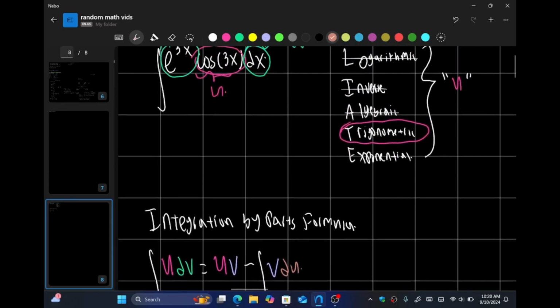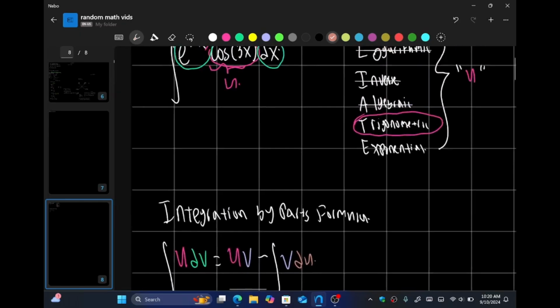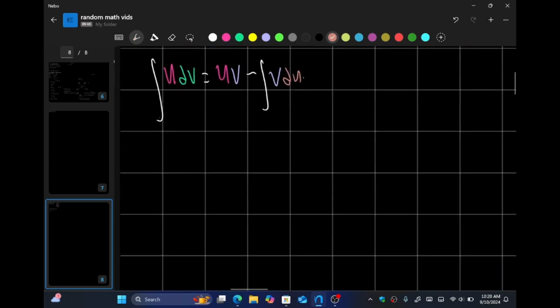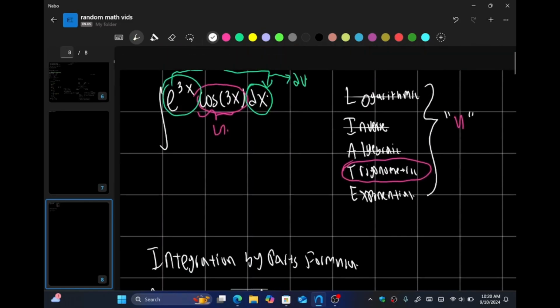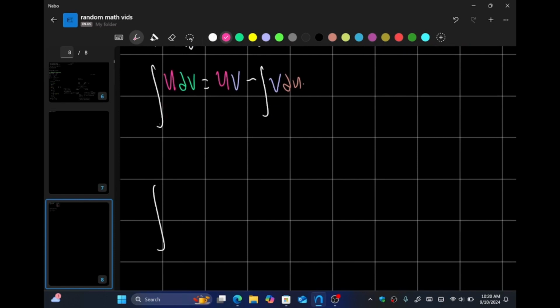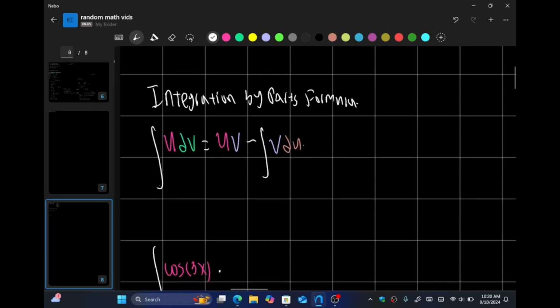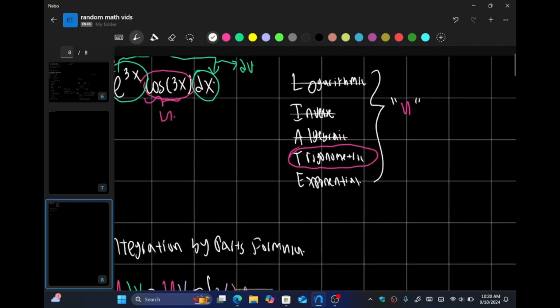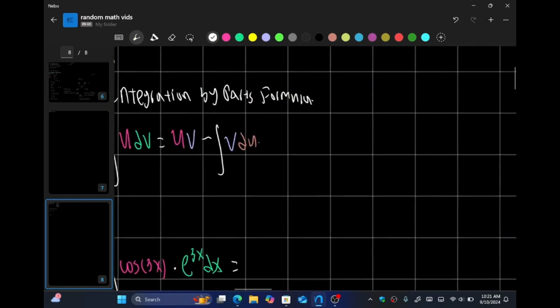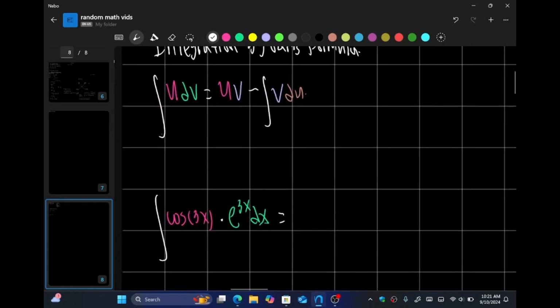Let me rewrite this again, guys. We're going to say the integral of cosine of 3x times e to the 3x dx is going to equal... And like I said, let's list out our u and our dv.